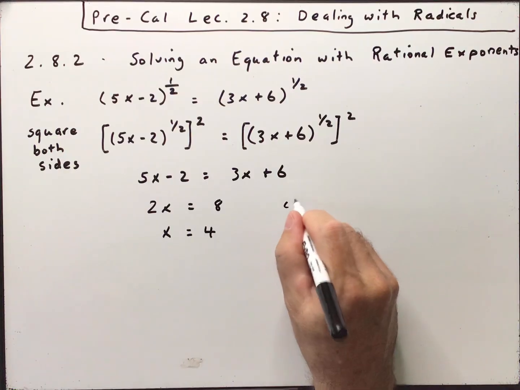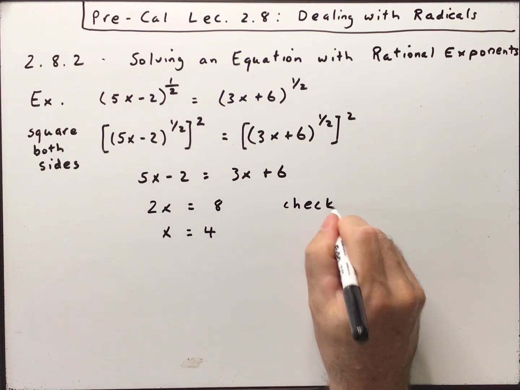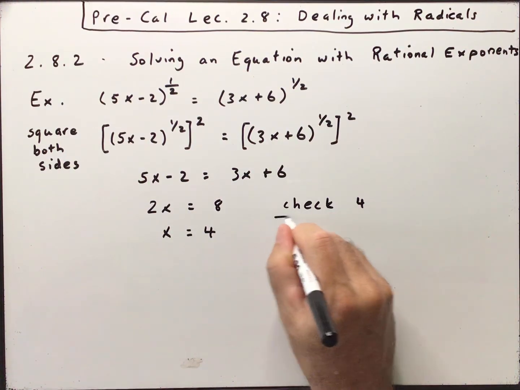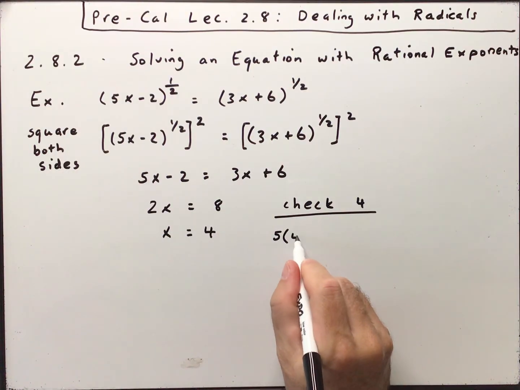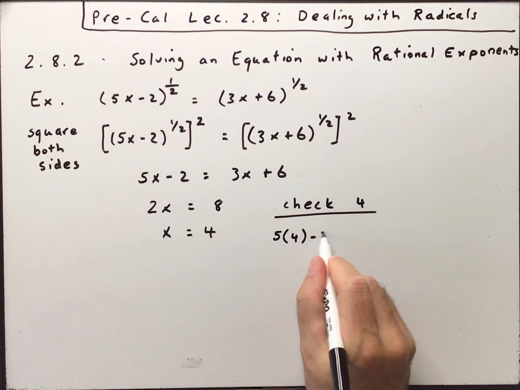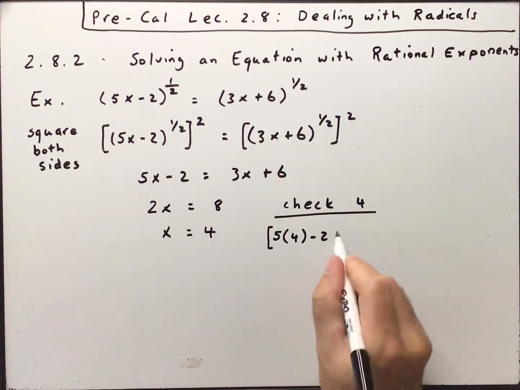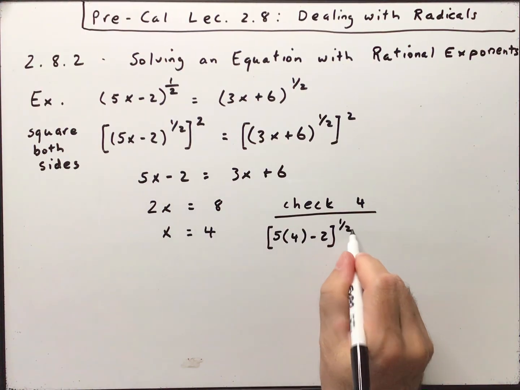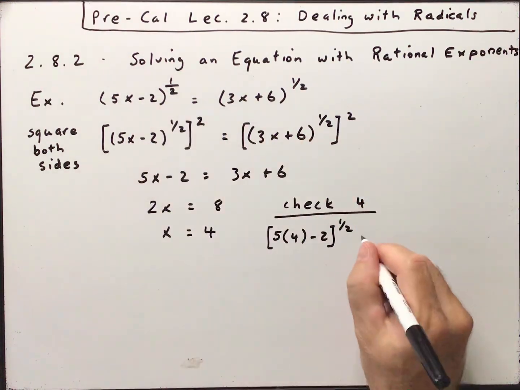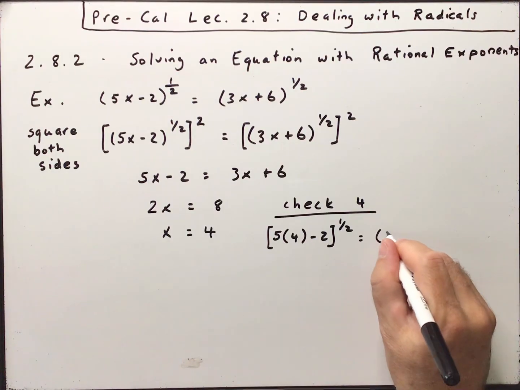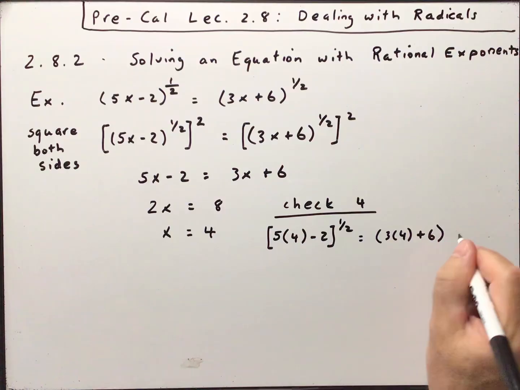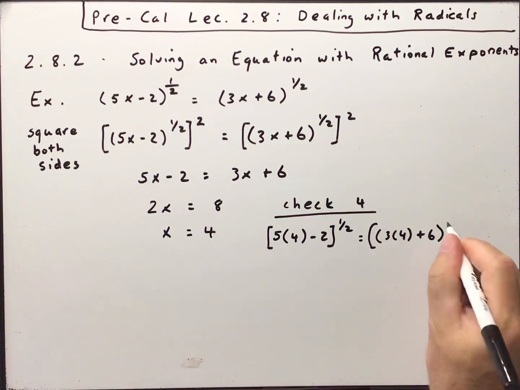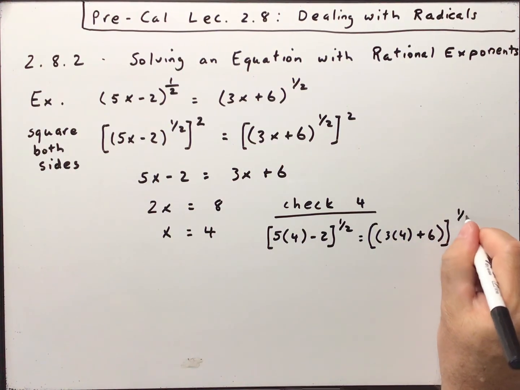Well, let's check it. All right, so I've got 5 times 4 minus 2 to the 1/2 power. So I'm back at the original equation. Is that equal to 3 times 4 plus 6 to the 1/2 power?